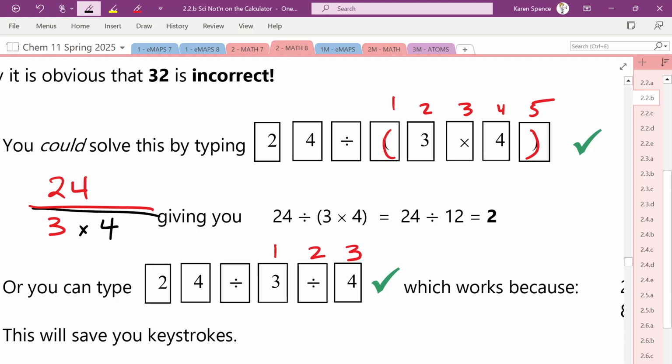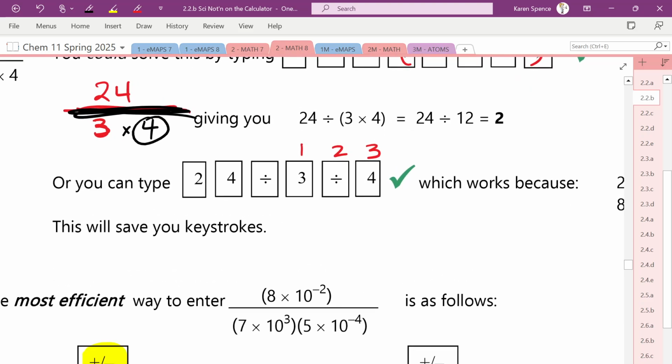Did you catch that? So you can just type in 24 divided by 3 divided by 4, which again will save you 2 keystrokes. Doesn't sound like a lot, but you save 5 keystrokes on the other one and 3 keystrokes on this one. If you're doing that on a consistent basis, you are saving yourself a lot of keystrokes. Yes? Okay.